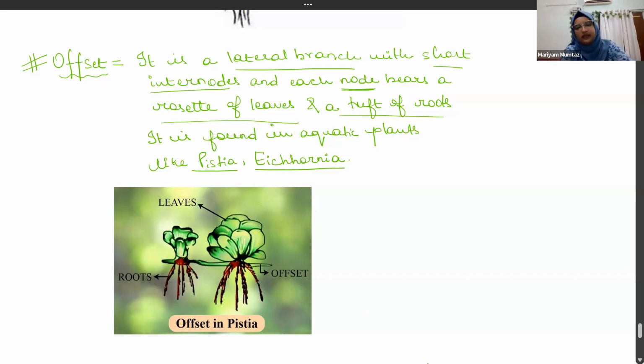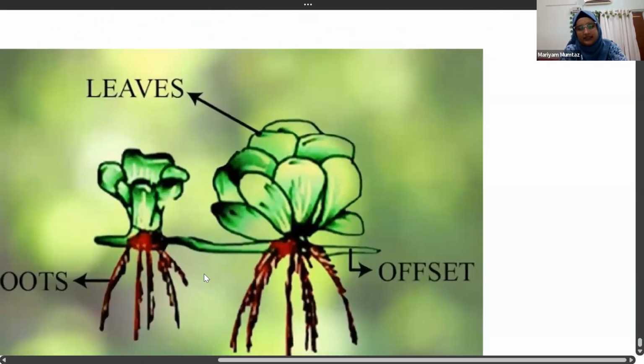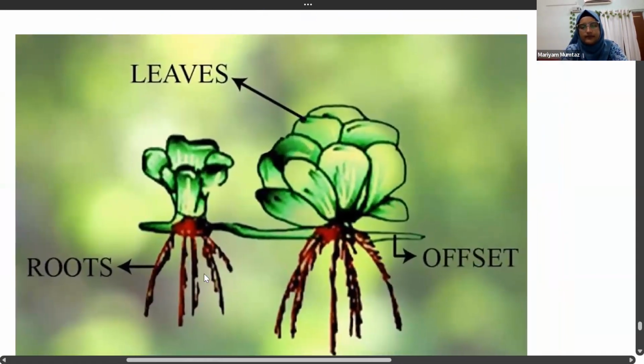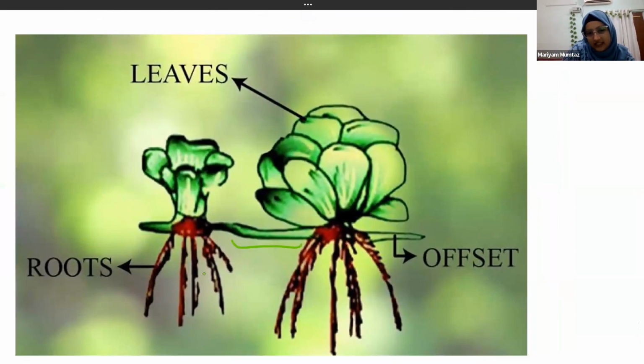Look at the diagram here. This particular part, are you seeing this part? The thing that I'm highlighting with my pen, is the ink visible? Yes. So this particular part is known as the internode.